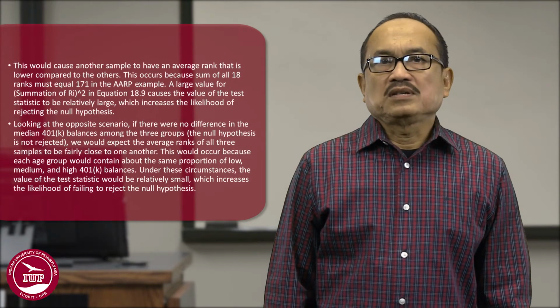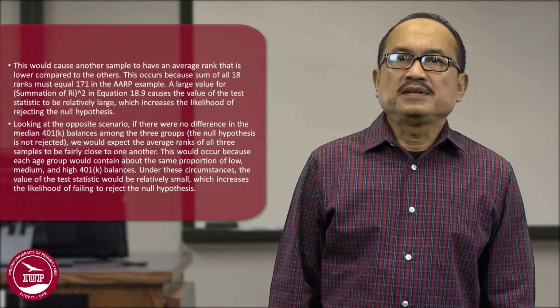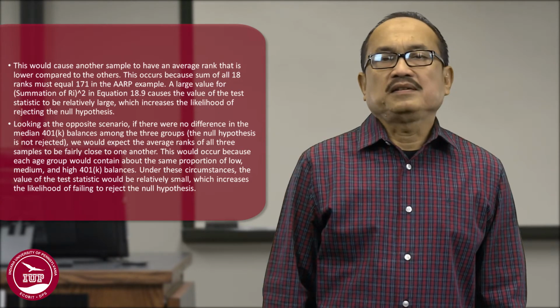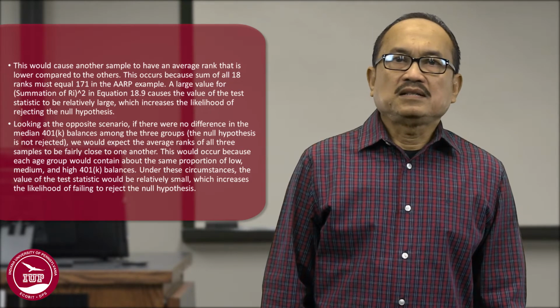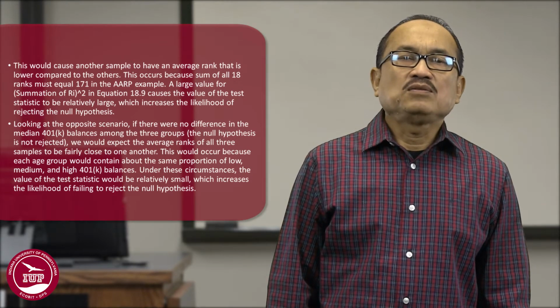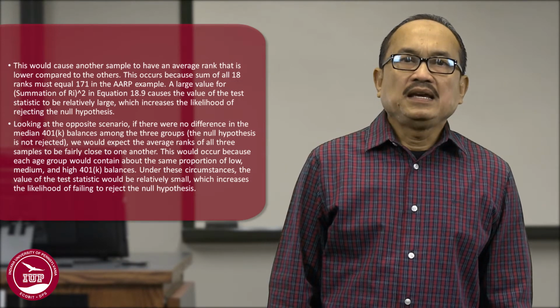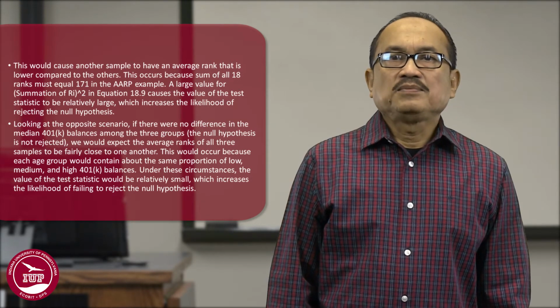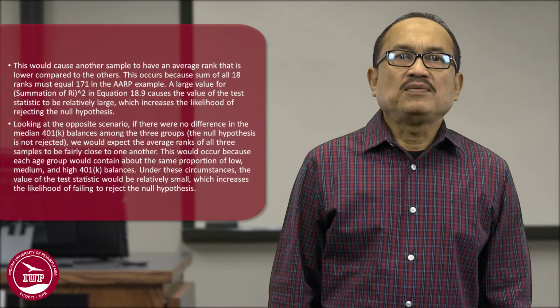This would cause another sample to have an average rank that is lower compared to the others. This occurs because the sum of all 18 ranks must equal 171 in the AARP example.